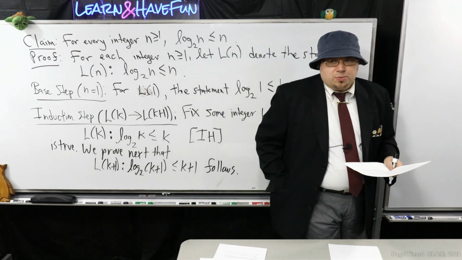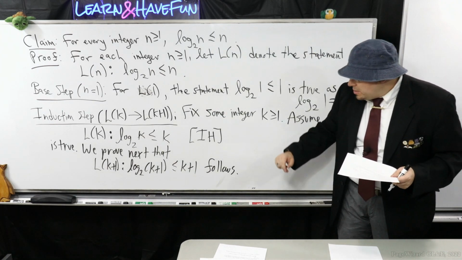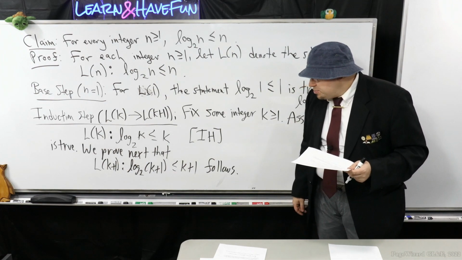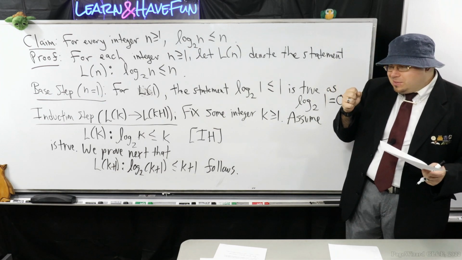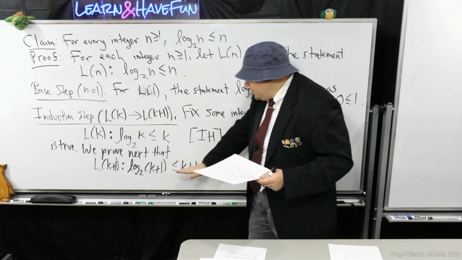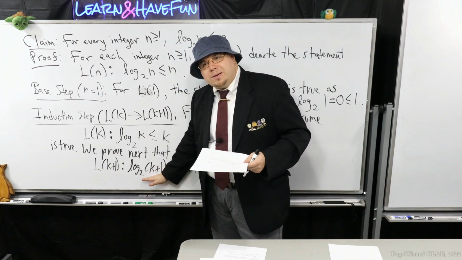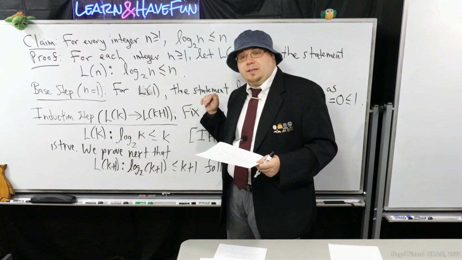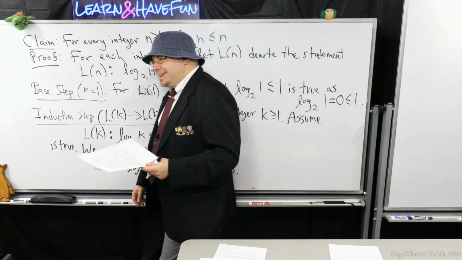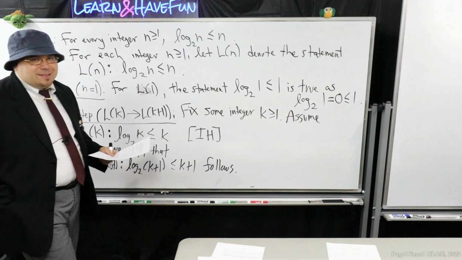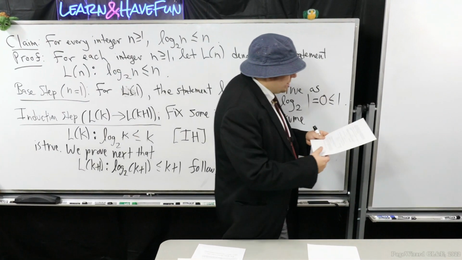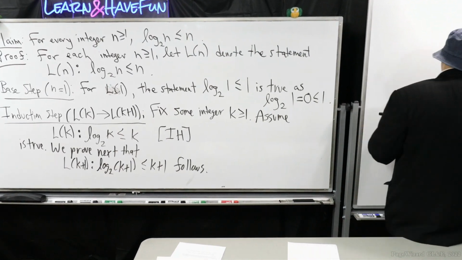So we're going to start on the left-hand side of L of k plus 1, and I'm going to take advantage of the fact that I can bound the input, k plus 1, from above with a product. I've done a technique like this in another lesson before. Once I have that, I'm going to use properties of logarithms.